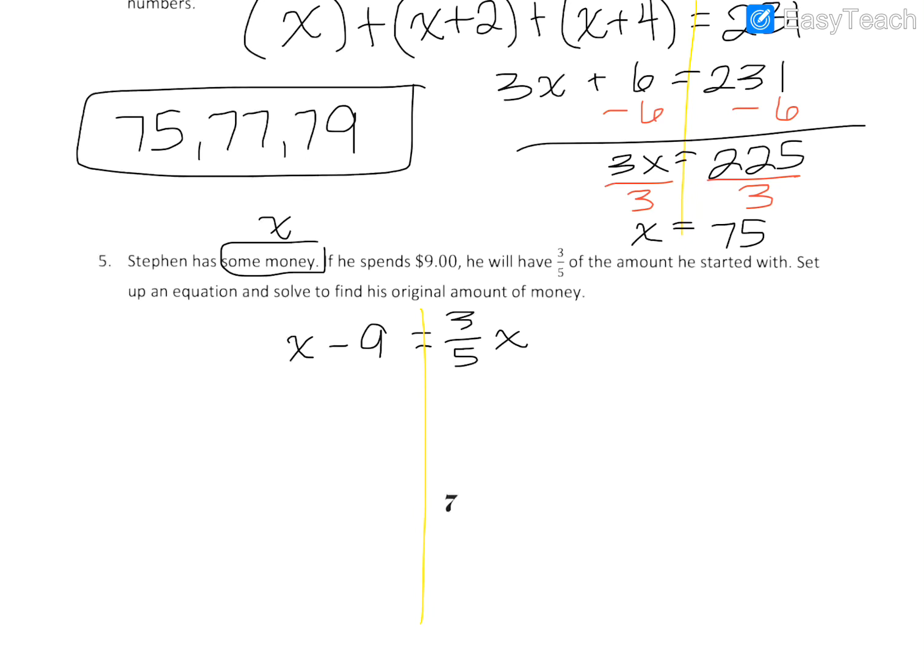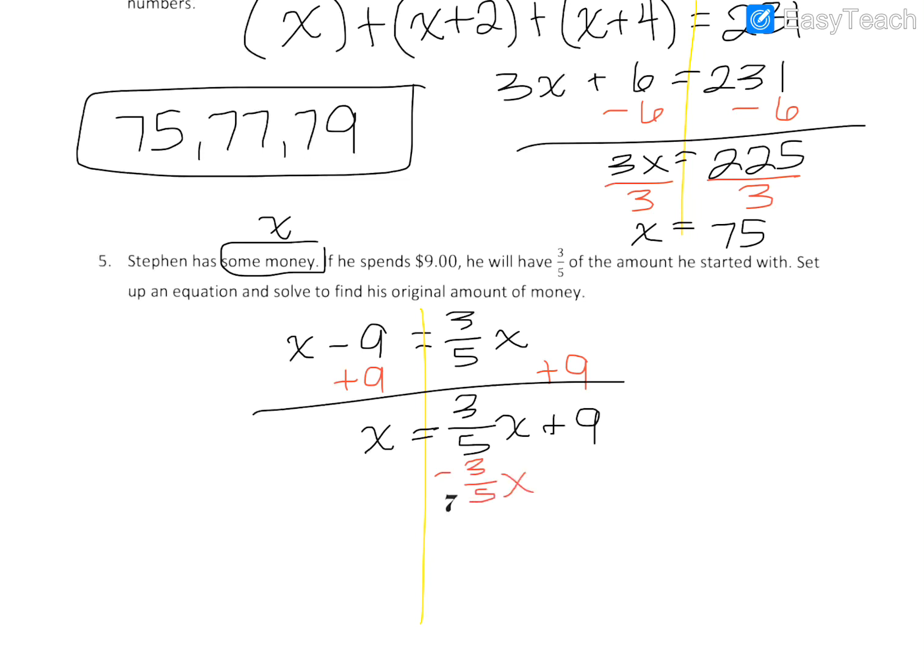All right, so we're going to go over this. I'm going to add the 9. There's other ways to do this, so if you did it differently, that's okay. All right, and then I'm going to minus the 3/5 x. I like to keep everything positive. That's why I added the 9 over, because the 3/5 was smaller.